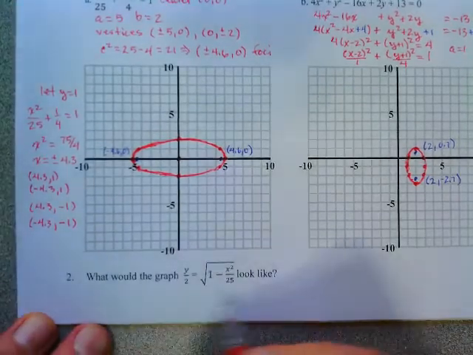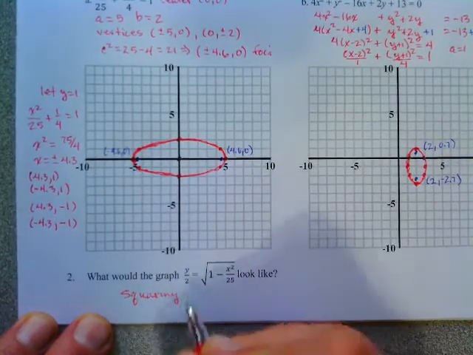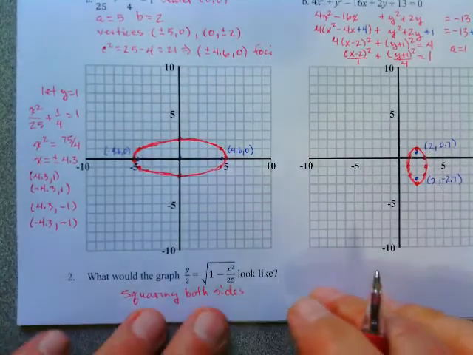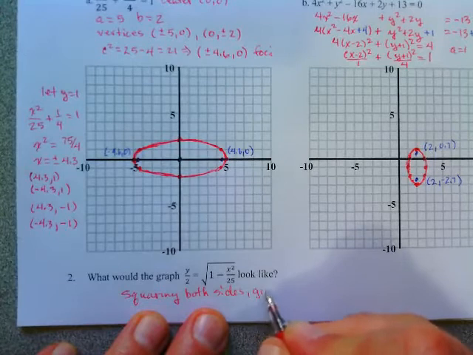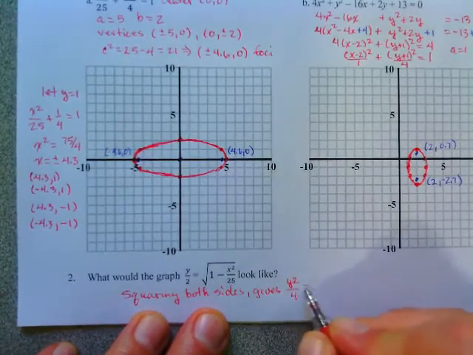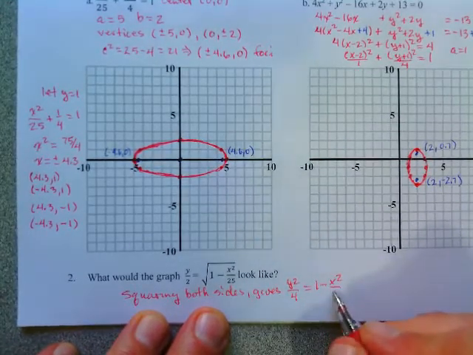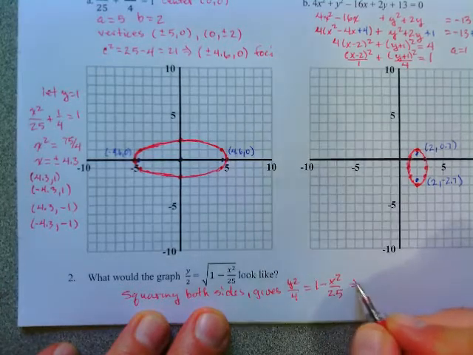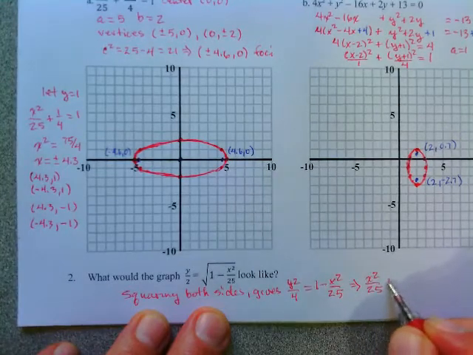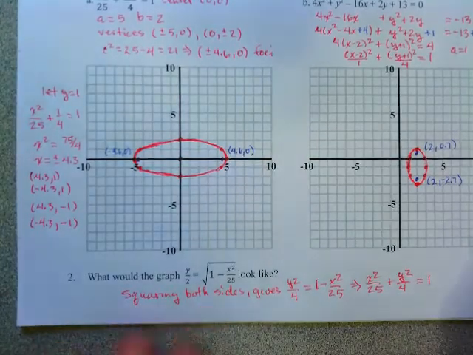So, if we squared both sides, that would give us y squared over 4 equals 1 subtract x squared over 25, which if I rearrange it, I have x squared over 25 plus y squared over 4 equals 1.